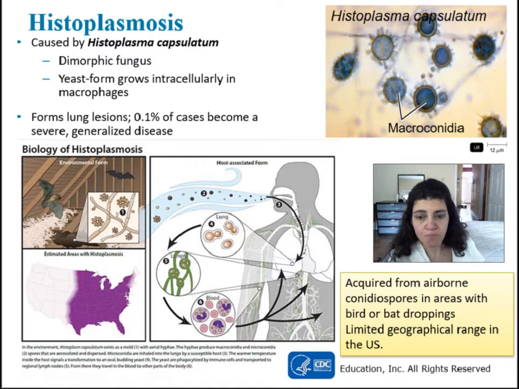Okay? One way to be around more Histoplasma is to be in contact with bird and bat droppings. Birds, because the Histoplasma likes the nitrogen from the bird droppings. Remember, there's a lot of nitrogen in their droppings, and it ends up growing there.